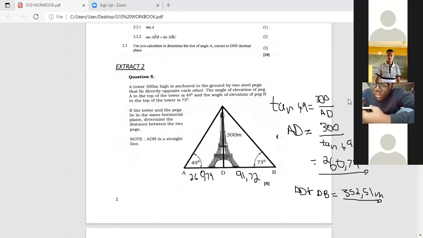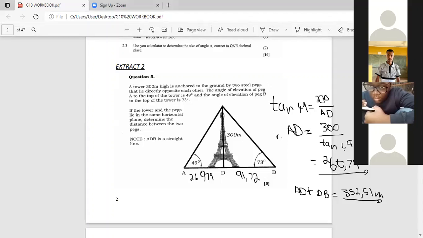Did you note this down? Or you can just look at the recording, I guess. So we're going to look at the other extracts.